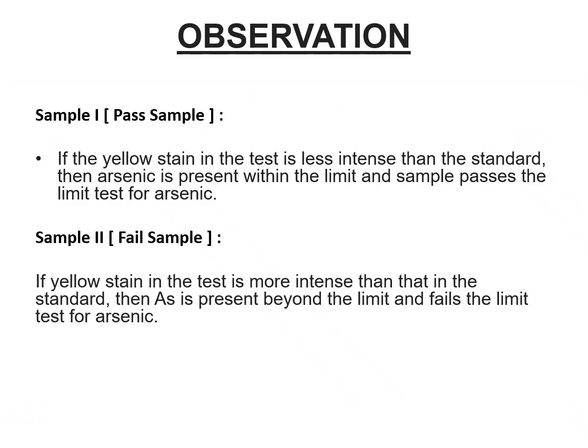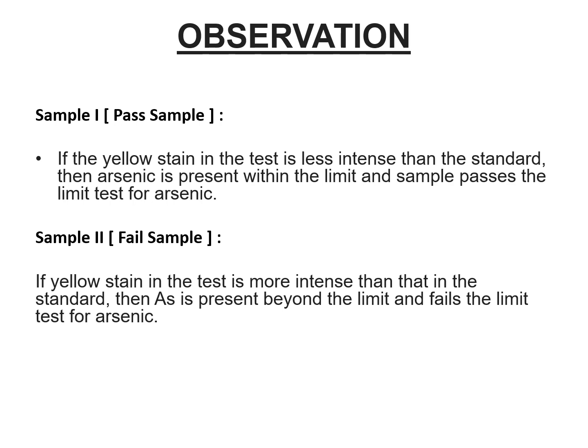Next, the observation. Observation means that we compare both the test and the standard. If our sample passes the test, the intensity is less than that of the standard. If the yellow stain in the test is less intense than that of the standard, then the arsenic is present within the limit and the sample passes the limit test for arsenic.